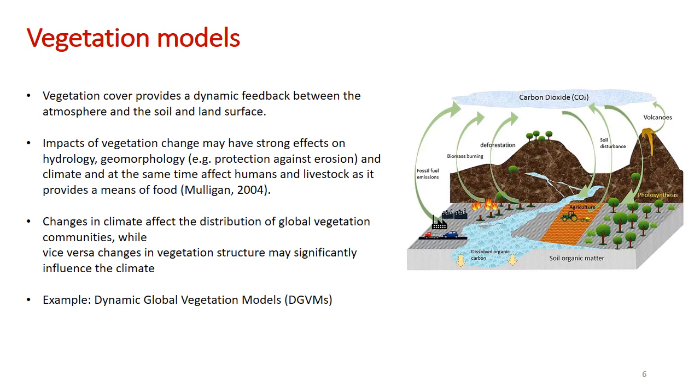So a vegetation model basically tries to model the vegetation cover, because you know that vegetation is very important for the atmosphere and the soil and the surface. And you know that if you have a change in the climate, then it would affect the vegetation cover, because the temperature or the climate condition might not be suitable for that particular plant species, and then it will become extinct.